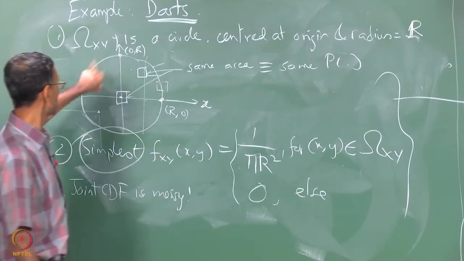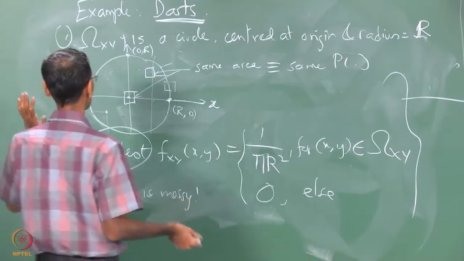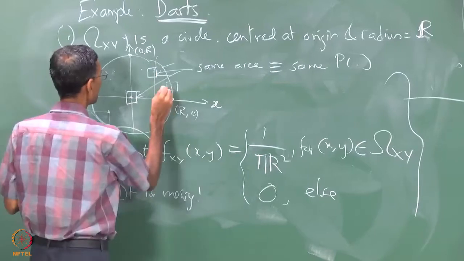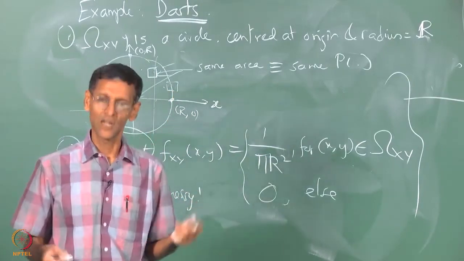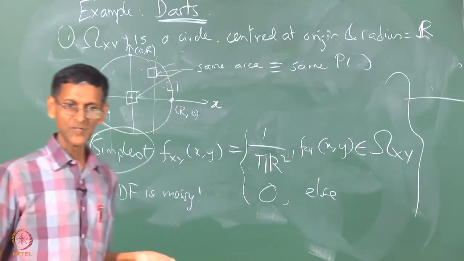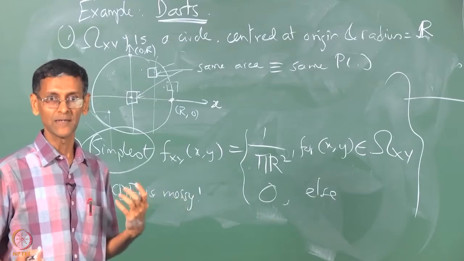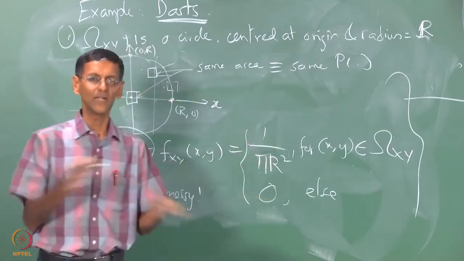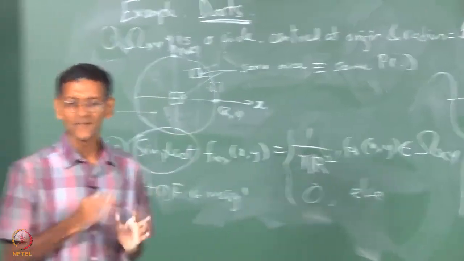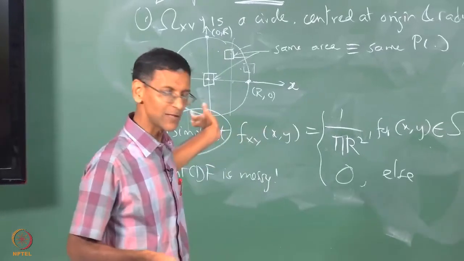So this outer boundary of the circle is a very artificial construct in this case. Somehow suddenly the point probability of a dart landing here is something, and then outside it is 0. Unfortunately it's not a great physical model. Maybe if you take r extremely large it might become better, but then it is not going to be that physically meaningful. But we are living with it because it's so simple.